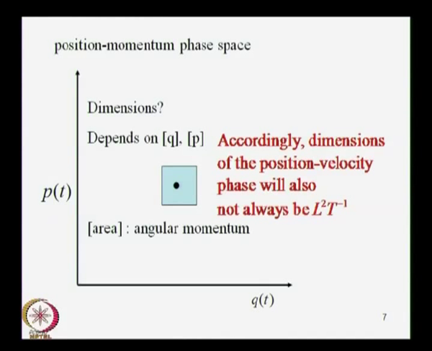And this angle of course is measured in radians. It is not a quantity whose dimensions are length. So, accordingly the dimension of the corresponding phase space will also change, but the corresponding momentum also will be different. Now, it turns out, and this will become clear as the discussion progresses, that the dimension of the area in position momentum space will however always be that of angular momentum. Okay.